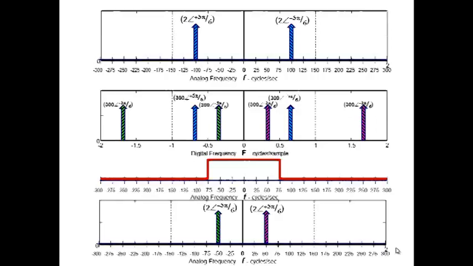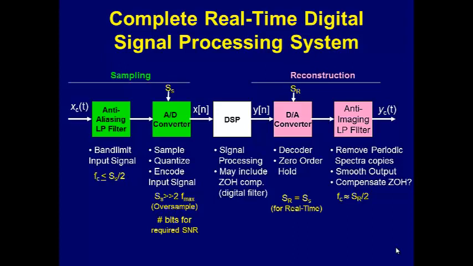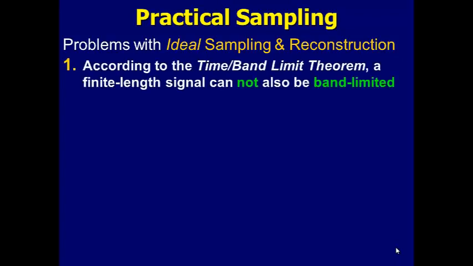So no matter what, using that method, you can find the alias frequency as long as you start from a high enough number and go down until you find. Keep going until you get into the principal range. Sometimes it'll take more than one, depending on the relationship between the sampling rate and your highest frequency. Okay. With the 10 minutes-ish left, we'll talk about how you deal with that in the real world.